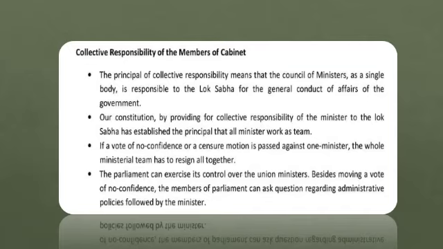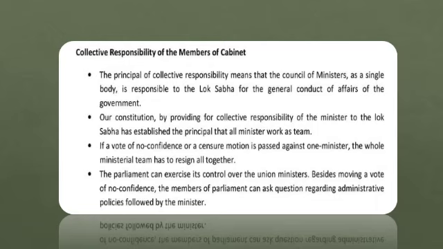The ministers are responsible to the Lok Sabha not as individuals alone but collectively also. The members of the cabinet sink or swim together. That means when a decision has been taken by the cabinet, every minister has to stand by it without any hesitation. That is what is called collective responsibility.